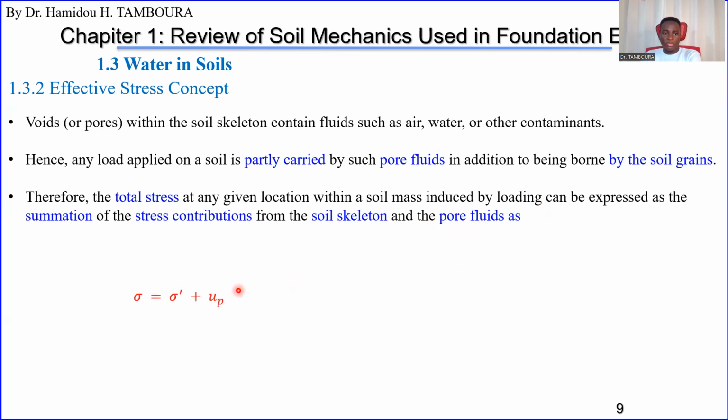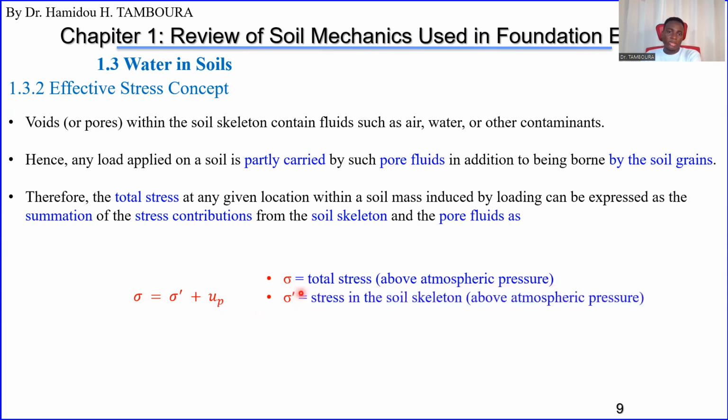We can write the formula like this. This is the total stress, the effective stress, and the part that the fluid is taking. Total stress above atmospheric pressure, effective stress in the soil skeleton. So this is the part that the soil skeleton will take.